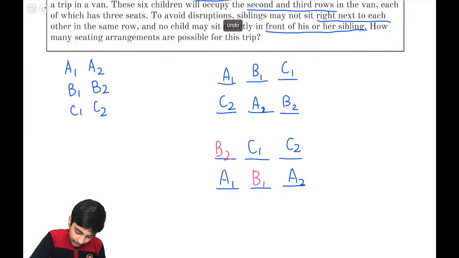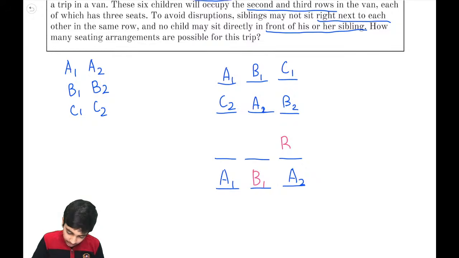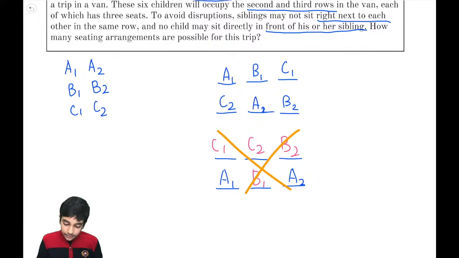And then the other case is that if B2 is on the other side, C1, C2 will have to be here, and that also won't work. So none of these cases do work. This case doesn't work since if A1 and A2 are on both sides and B1 is in the middle, then C1, C2 will be forced to be next to each other. So the only case that works is the top case.